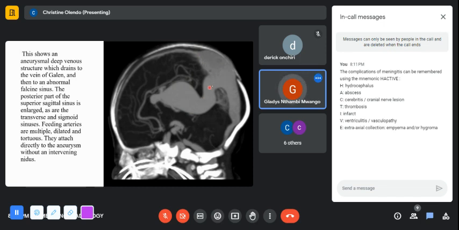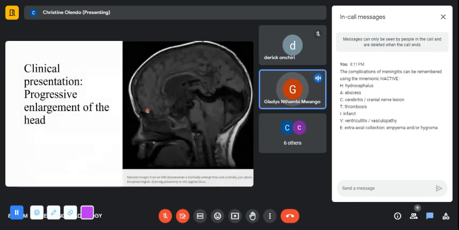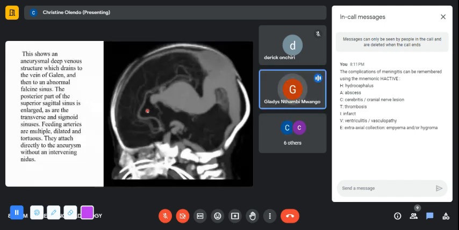Yeah. The internal cerebral veins are very short and they are seen much more anteriorly. The short ones, you see them anteriorly. One of them is quite dilated. Okay, we proceed.